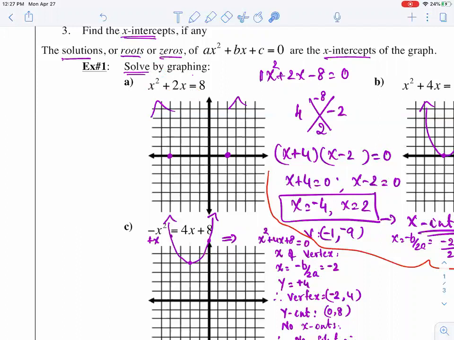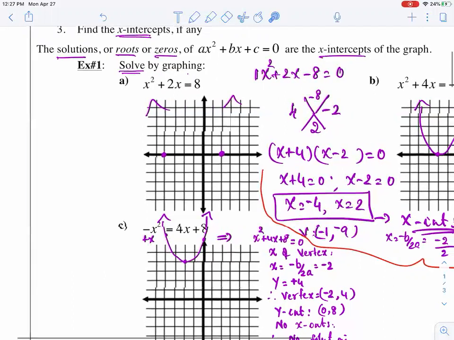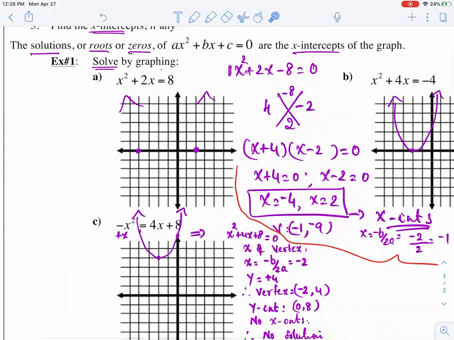Whenever the function was easily factorable, we factored and found the x-intercepts and then graphed it. From the graph, solutions are the x-intercepts. So the solutions to this problem are -4 and 2.